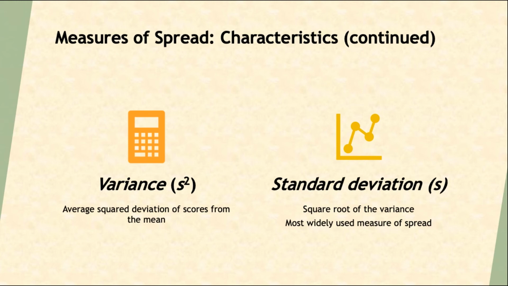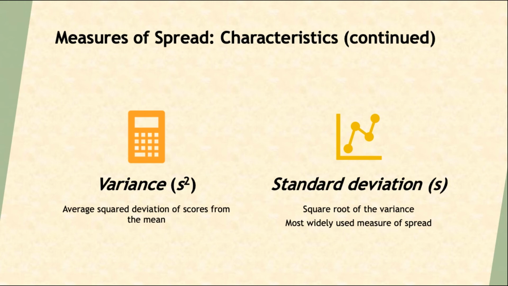The last one is the standard deviation. Although the variance is frequently used as a measure of spread in certain statistical calculations, it does have the disadvantage of being expressed in units different from those of the summarized data.